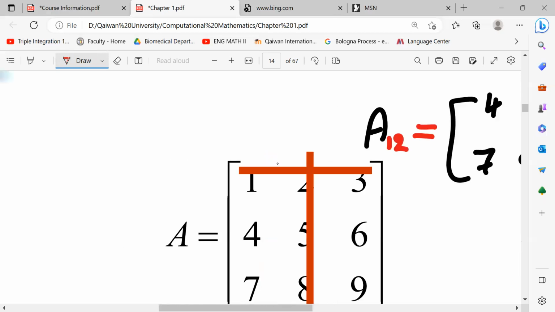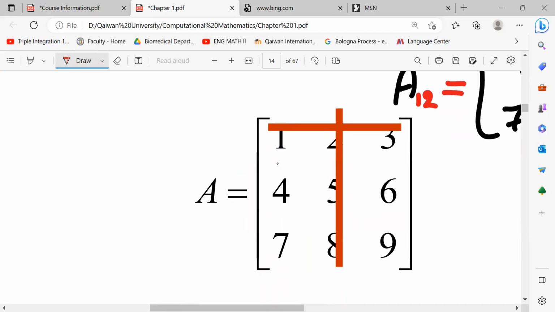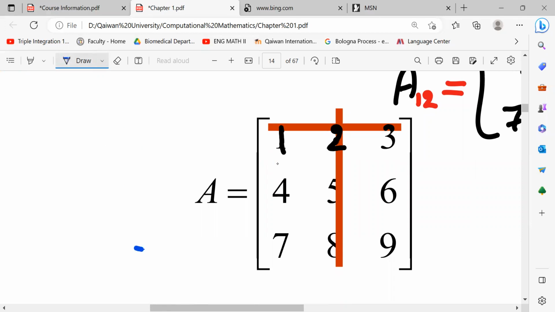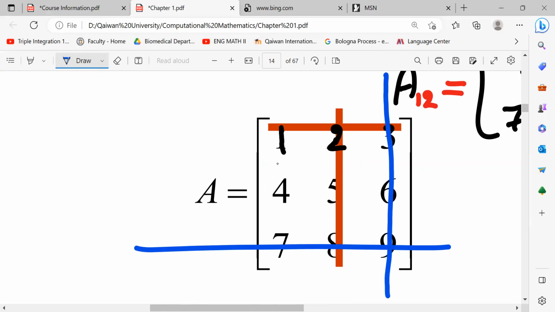Okay, let's check and take another one. This first row is 2, 1, 3. So what if you remove this row and this column? What's left here? We get a 2 by 2 matrix. We already had A as a 3 by 3 matrix.